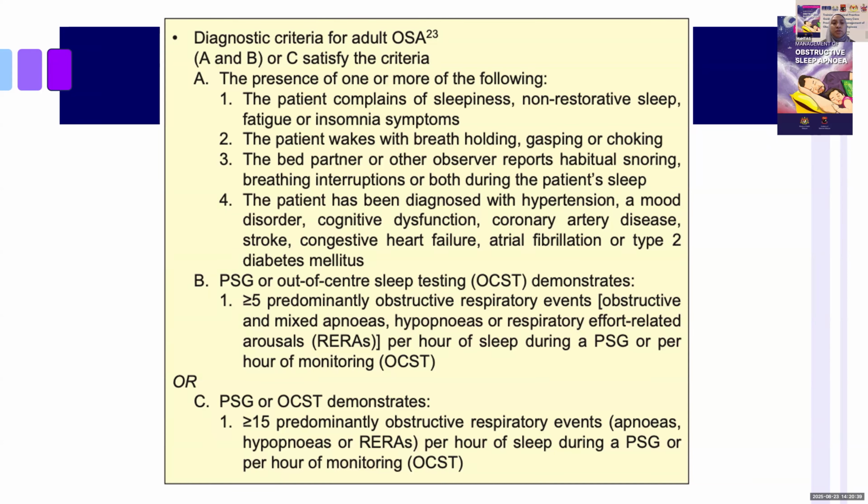Criteria B, PSG or out-of-center sleep testing demonstrates more than 5 predominantly obstructive respiratory events, which are obstructive and mixed apneas, hypopneas, or respiratory effort-related arousals, or what we call RERAs, per hour of sleep during a PSG or per hour of monitoring. Or criteria C, if the patient has PSG which showed 15 or more predominantly obstructive respiratory events, which are apneas, hypopneas, or RERAs per hour of sleep during a PSG or per hour of monitoring, they can be diagnosed as having OSA.